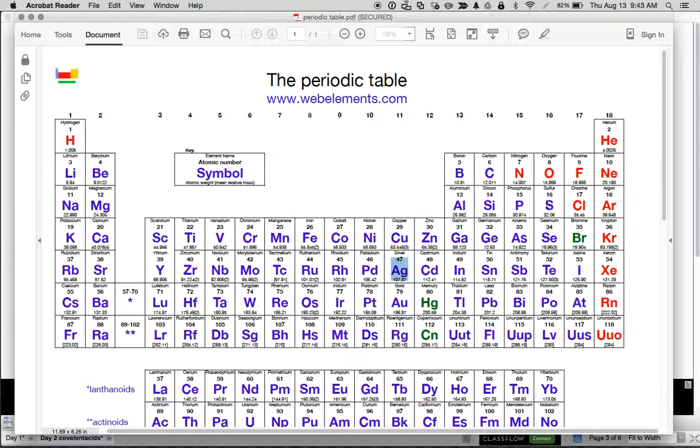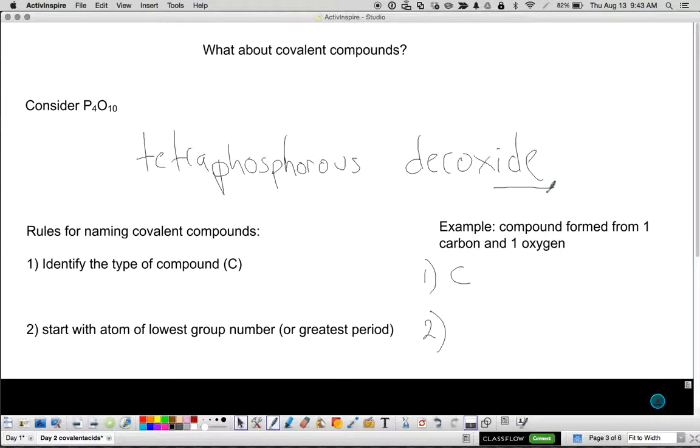Then you would start naming with the highest period number. Okay, so it's lowest group number or greatest period. Now, if you're paying very close attention, you'll realize that also means you start with the least electronegative atom. Putting it all together, huh? Good stuff. All right, so we're going to start with the carbon, not the oxygen.